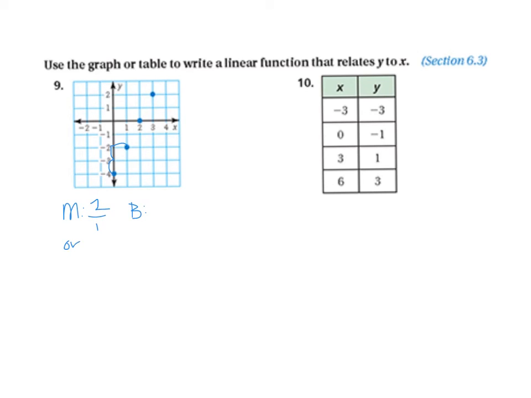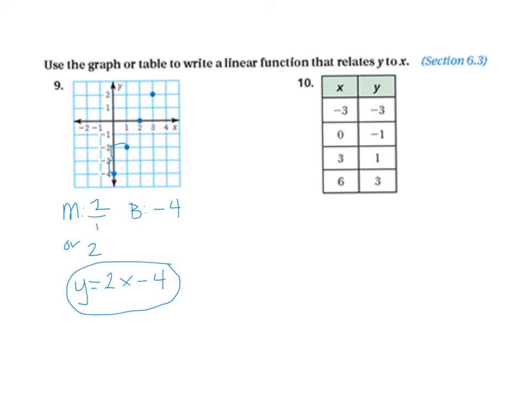You could also just call it 2. And the y-intercept, if we look at the graph, this line is going to cross the y at negative 4. Putting this into slope-intercept form would be y equals 2x minus 4. And that's how you would do number 9.